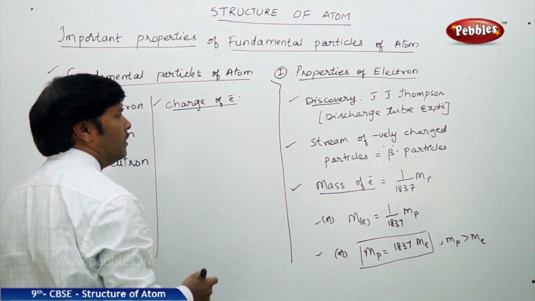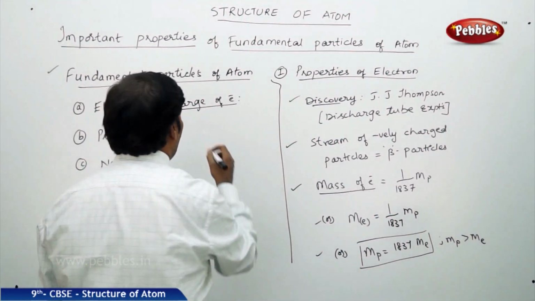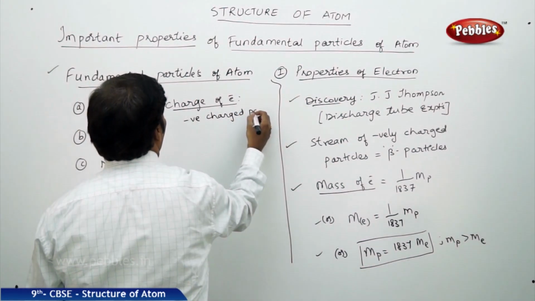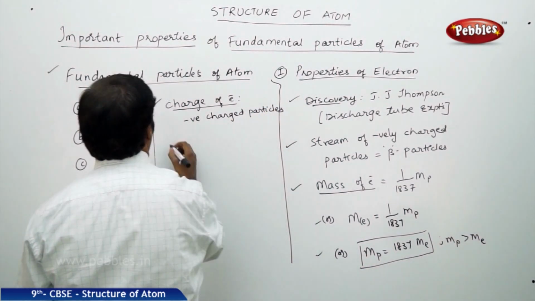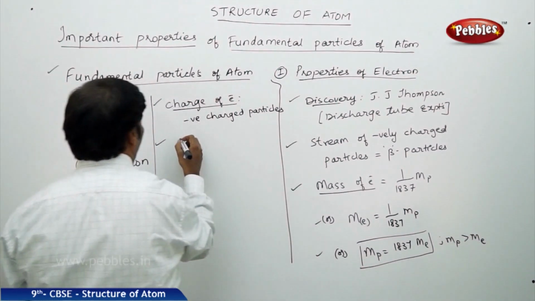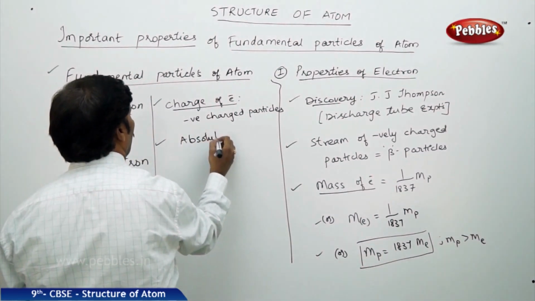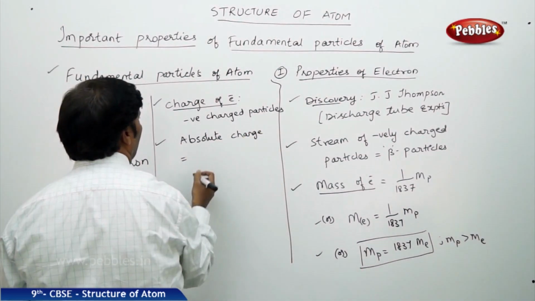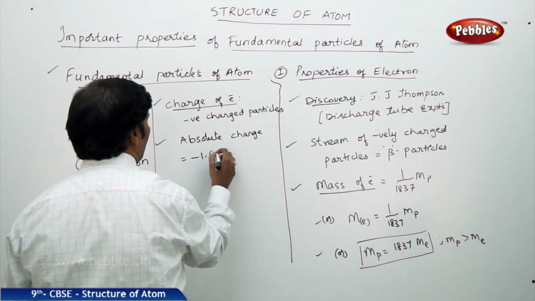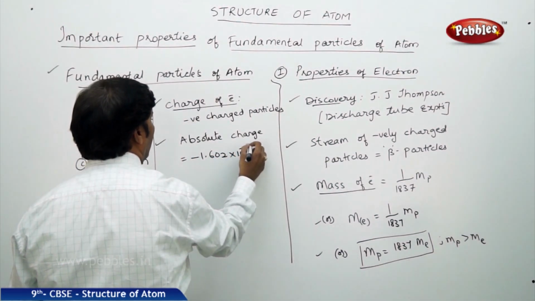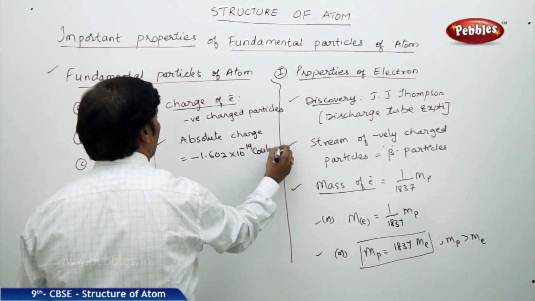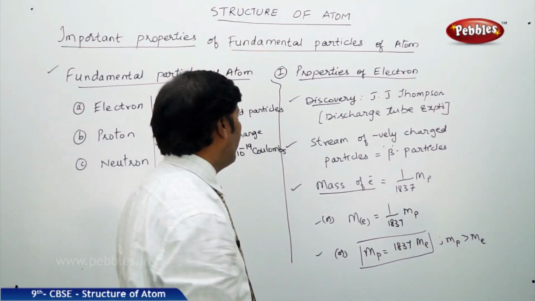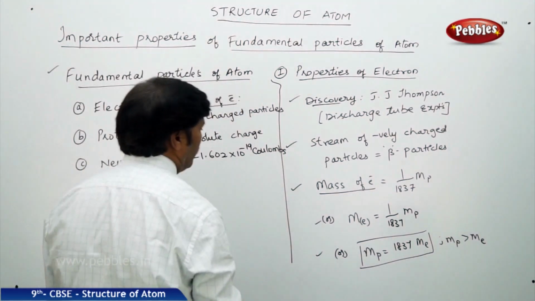Normally the electron is a negatively charged particle, but if you take the absolute charge, that is minus 1.602 into 10 to the power of minus 19 coulombs, because the charge of any particle is expressed in coulombs.